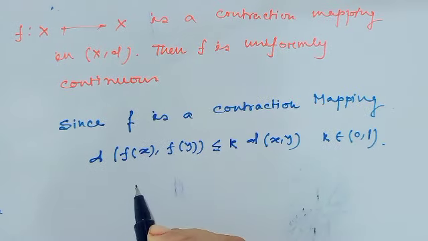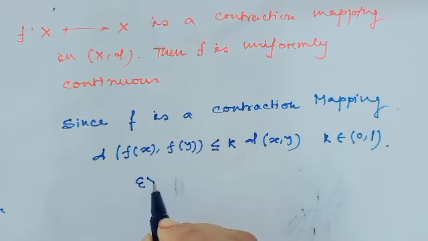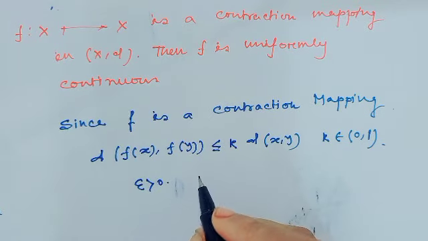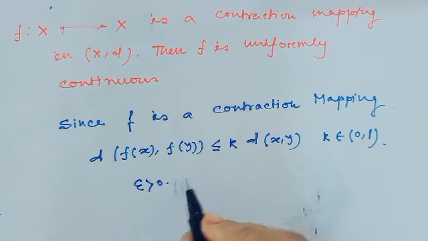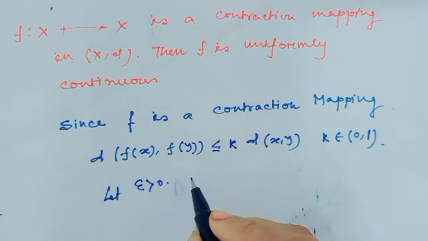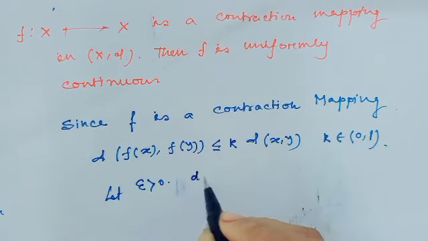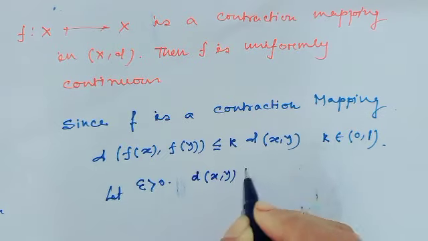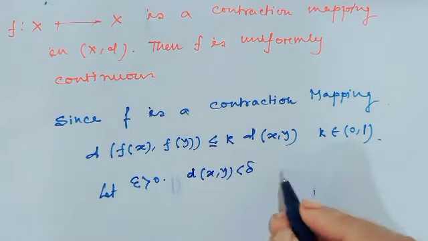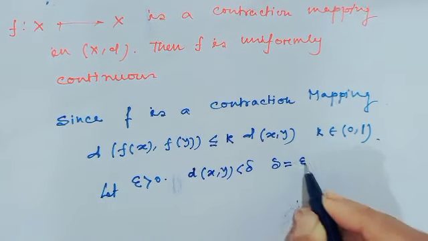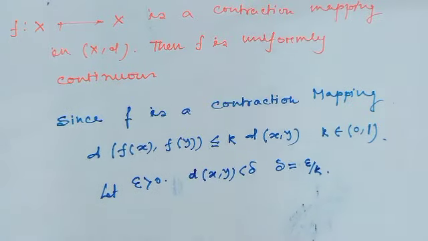Now consider epsilon greater than 0 and d(x, y) less than delta, and take delta equal to epsilon over k.